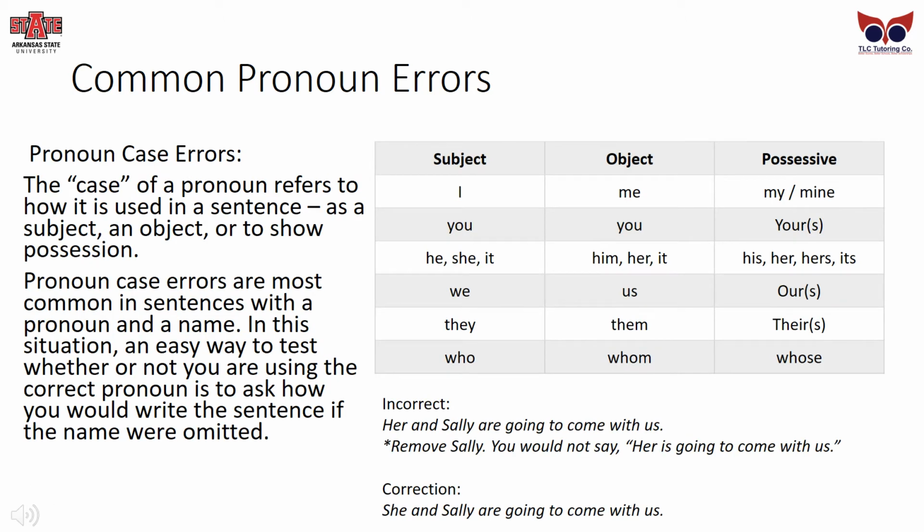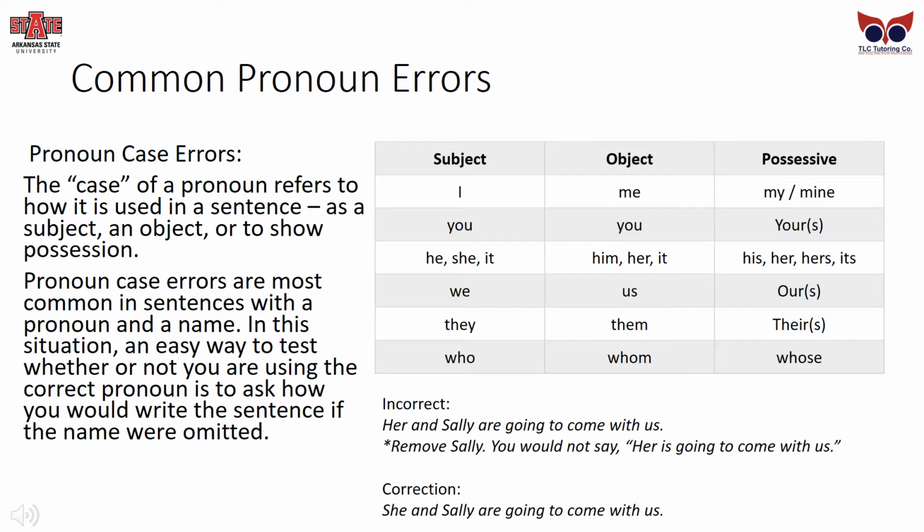Pronoun case errors. The case of a pronoun refers to how it is used in a sentence, as a subject, an object, or to show possession. Pronoun case errors are most common in sentences with a pronoun and a name. In this situation, an easy way to test whether or not you are using the correct pronoun is to ask how you would write the sentence if the name were omitted.